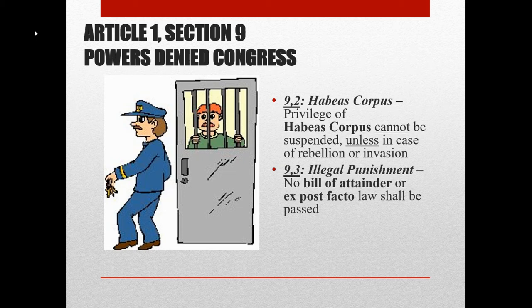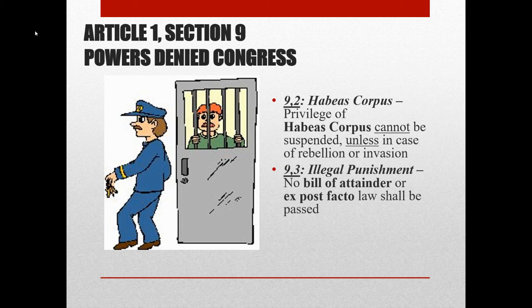So what this essentially means is that everybody in this country has the right that if you are arrested or detained and jailed by the government, they have to bring you to court and tell you why you are there, what the charges against you are, what the evidence against you is, and give you a right to due process in a trial.